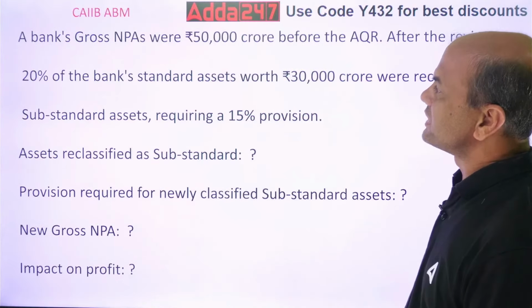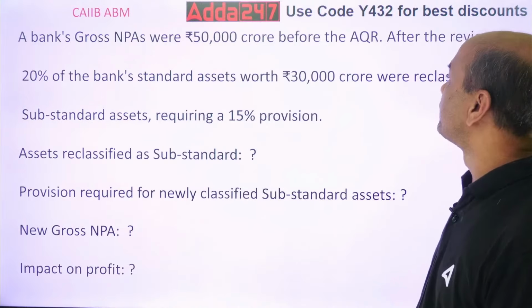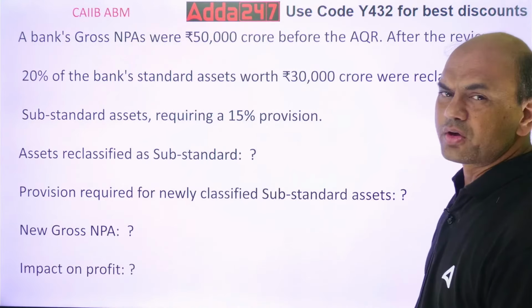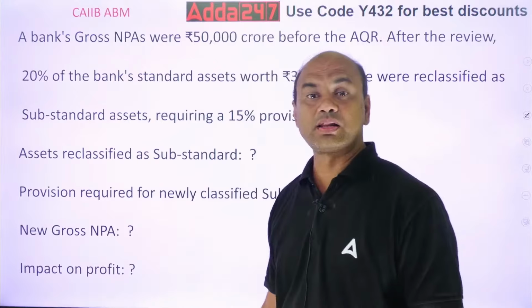A bank's gross NPA was 50,000 crore before AQR. AQR means what? Quarterly review.